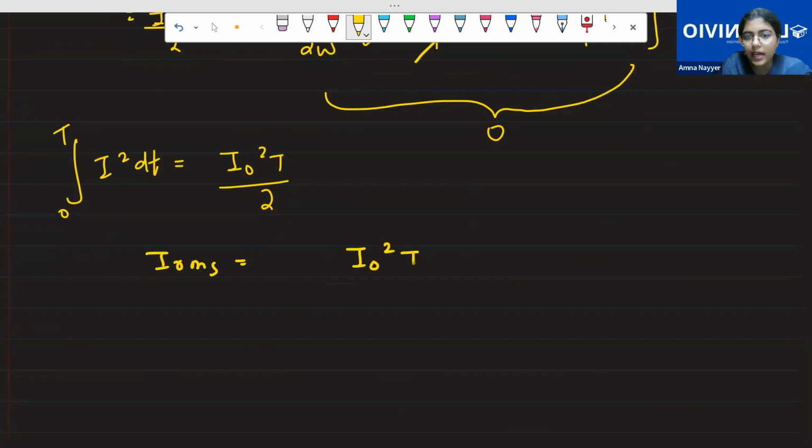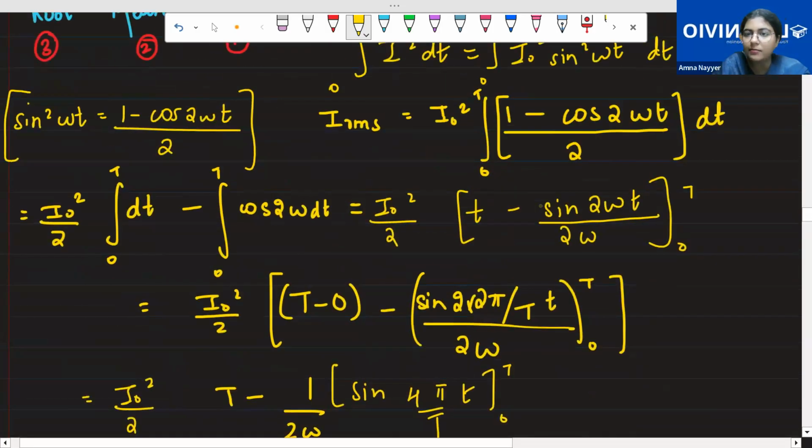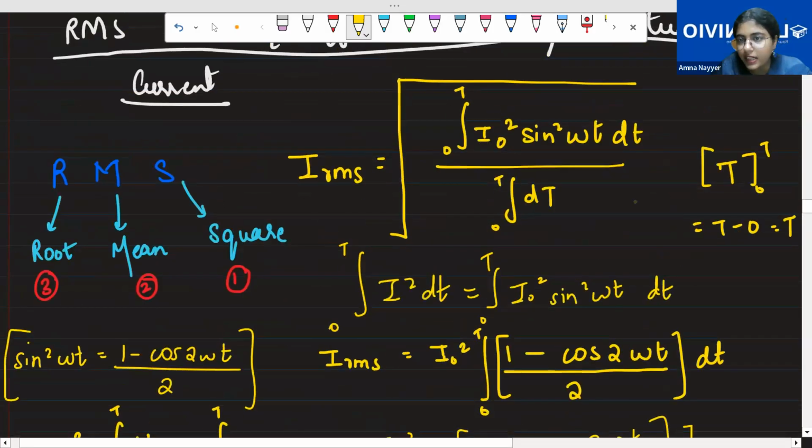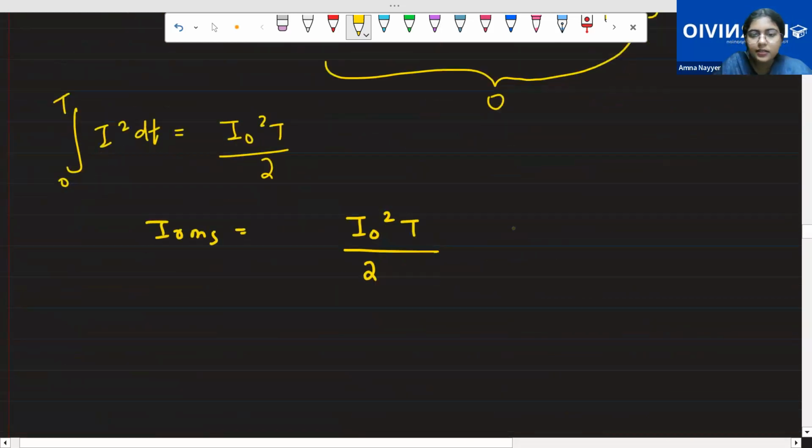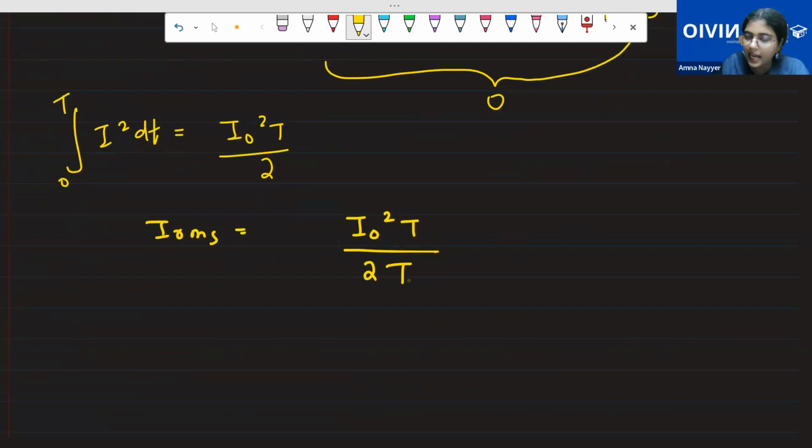I naught square T divided by 2, then you divide it by time, the integral of dt, which is equal to T. So this T will come here. The square part has been solved, integration mean has been taken and a root is put. T gets cancelled. That is I naught square by 2 under root.